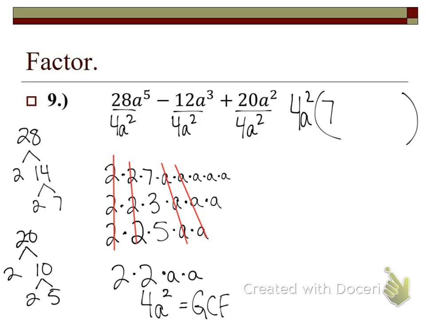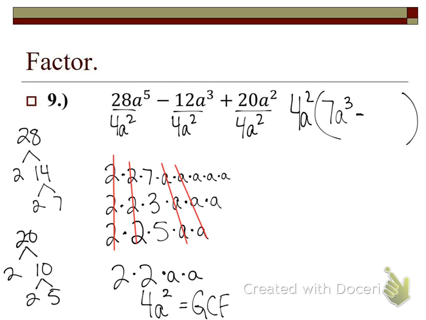So your answers are the ones that are left over. Okay, so a to the 5th divided by a squared would give me a cubed. Notice that we had 3 a's that weren't in matches. Now here's where that minus sign comes into play. Negative. So we put that minus sign over here, because it was minus.